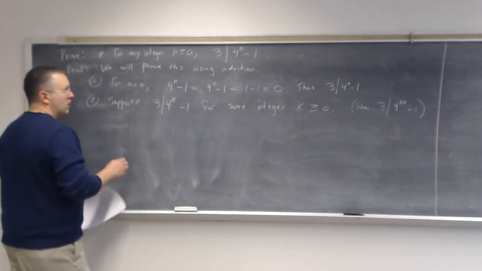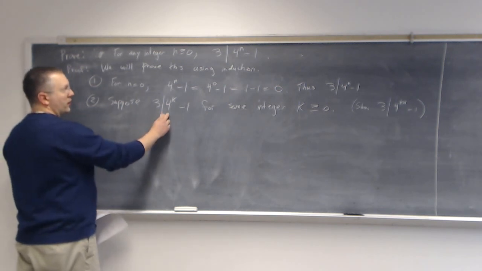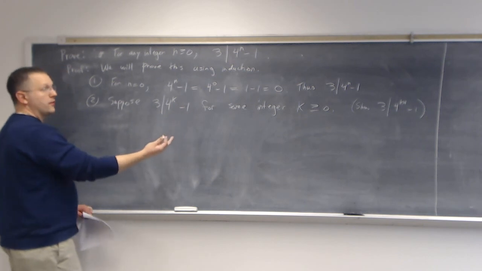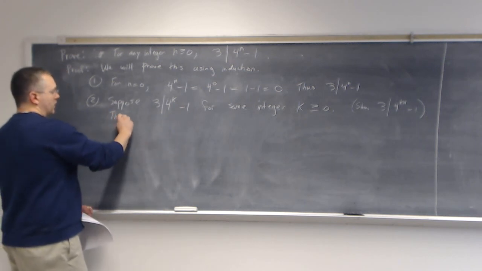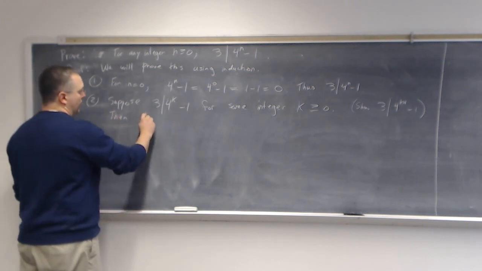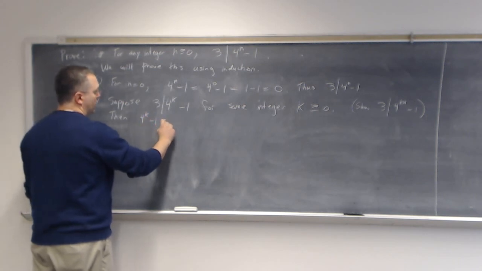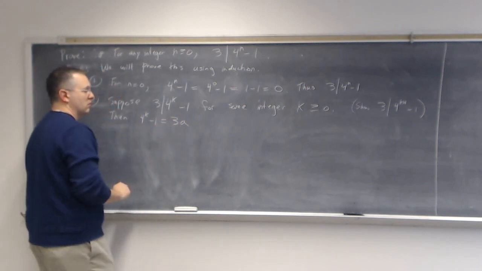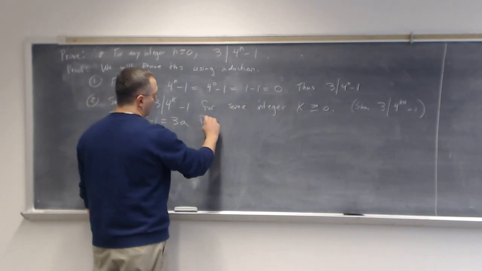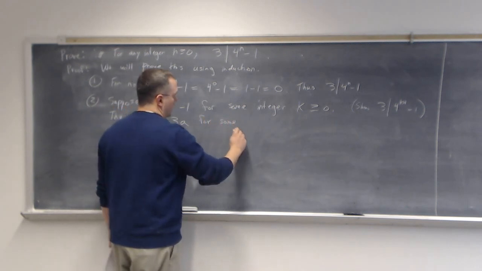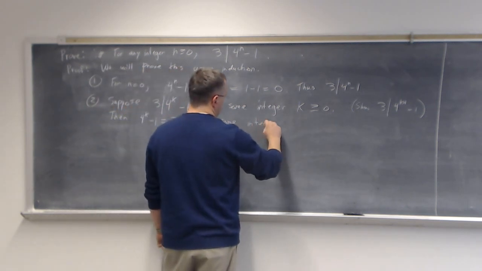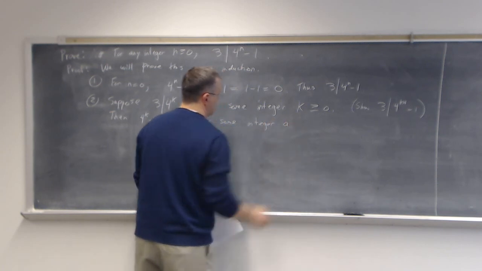All right, so suppose 3 divides 4 to the k minus 1. So what does the definition of divides tell us? That tells us that 4 to the power of k minus 1 equals 3 times an integer. It equals 3 times a, for some integer a.